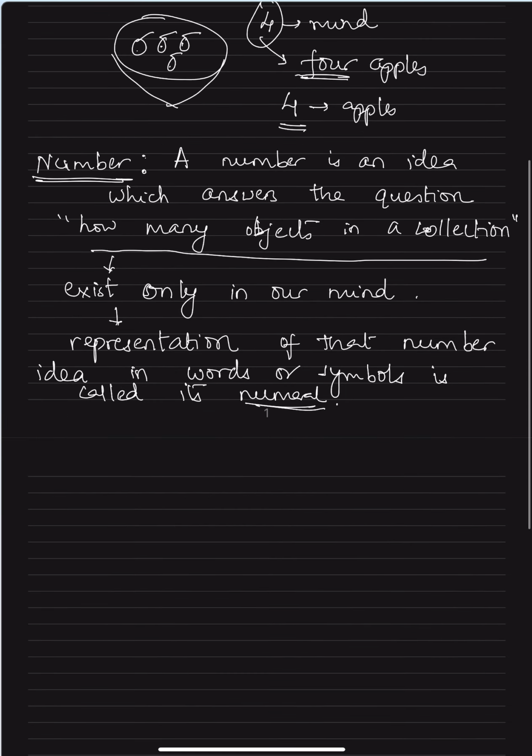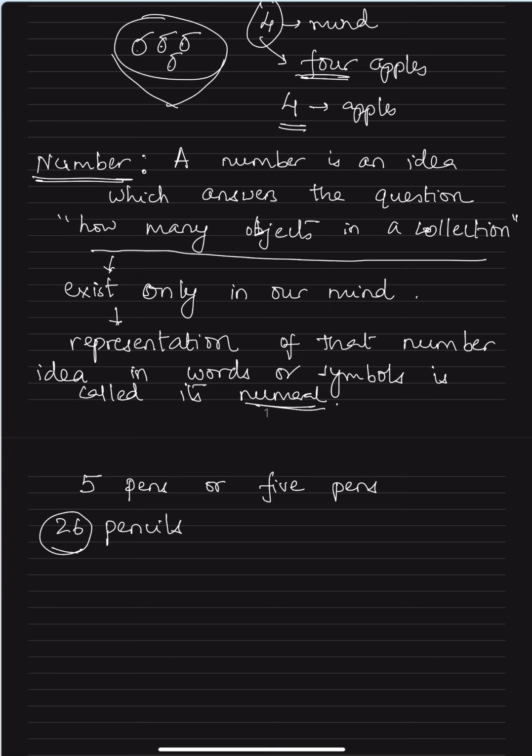Now if I say 5 pens, you will write 5 and then pens, or you will write it in words. This is nothing but a numeral. If I say 26 pencils, first it went in your mind. You have written 26 in the form of a numeral. Either you will write it like this, where each number has its own symbol, or you will write it in words, that is 26 pencils. So this is the difference between a number and a numeral.